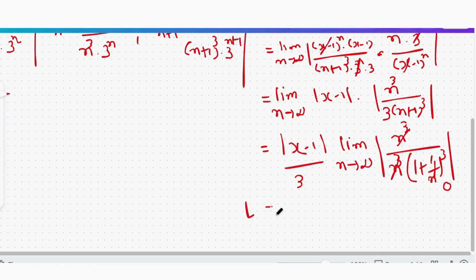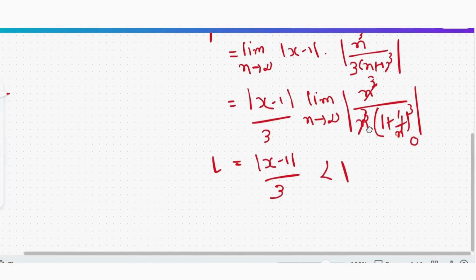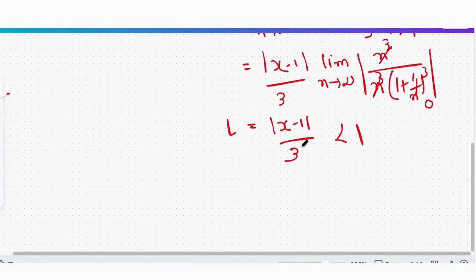So what is the answer? L is equal to mod x minus 1 upon 3. As per the ratio test, for convergence we need this to be less than 1, because we are interested in the radius of convergence. So simplify this: mod x minus 1 is less than 3.